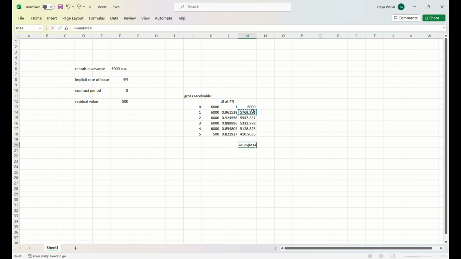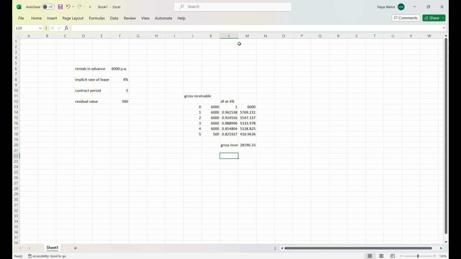Sum of all these values, right? All of these present values, and that's going to give me the gross investment. As simple as that. So at time 5, this is my value. I'm bringing it back to time 0 by using a discount factor of 4% and the exponent of 5, the power of 5, and reducing it back as if it was today.